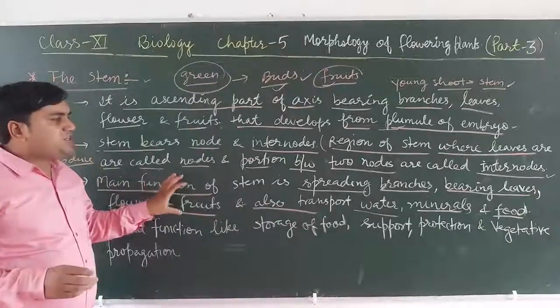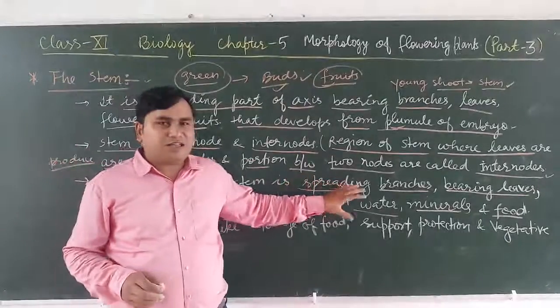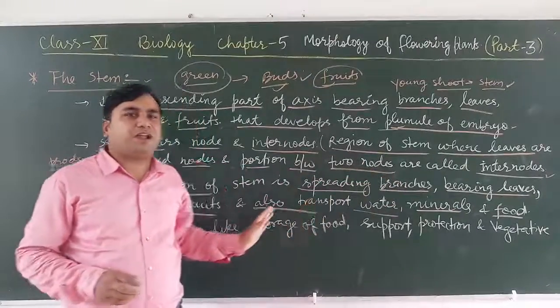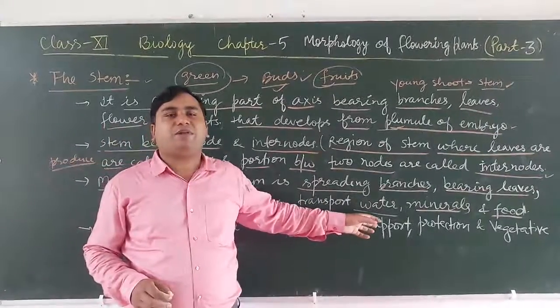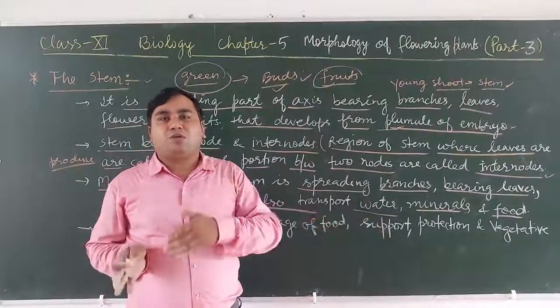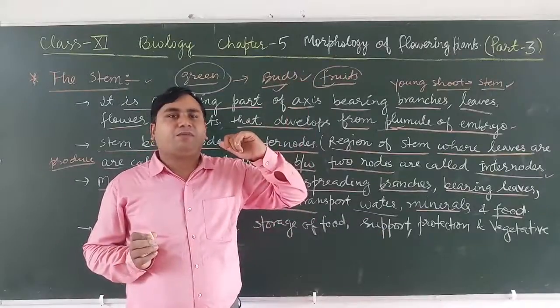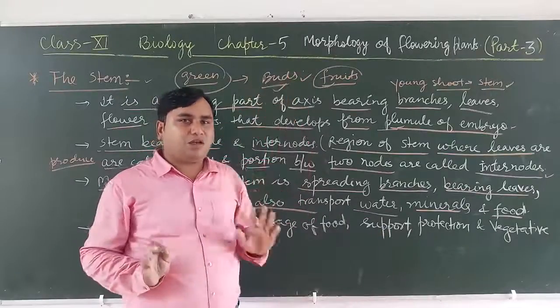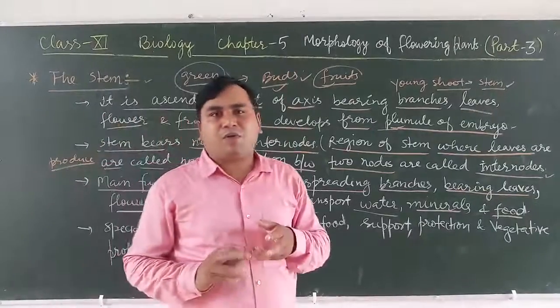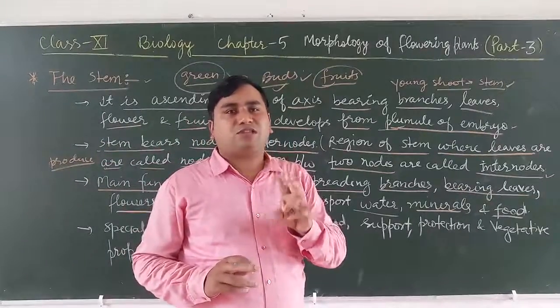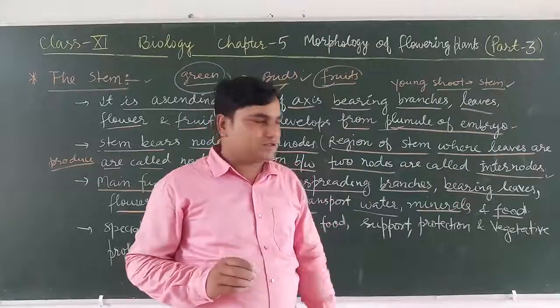So simply we can say the stem helps in spreading the branches, bearing leaf, flower and fruit, and its main function is transporting water, minerals and food from root to all parts of the plant body and from the upper part to the lower with the help of xylem and phloem. Xylem and phloem are the two vascular bundles present in all plants.